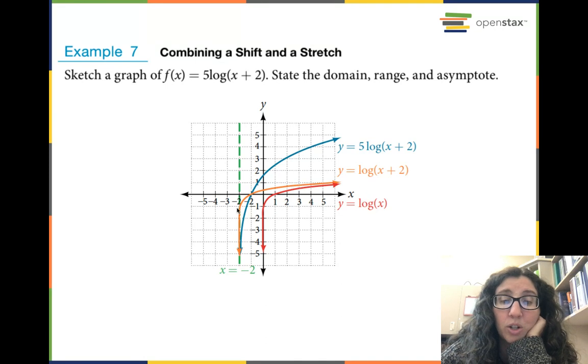All right, so now we're going to stretch that function by 5. Our x-intercept does not change. The vertical asymptote does not change. This point at 3, 1, we're going to multiply by 5. So I think that these graphs aren't base 5.